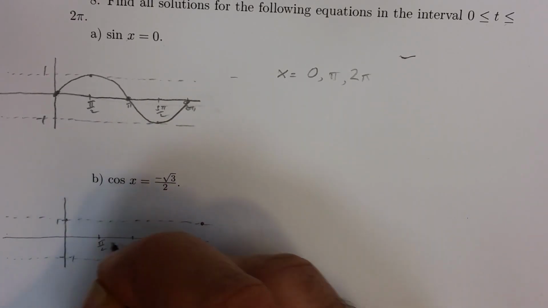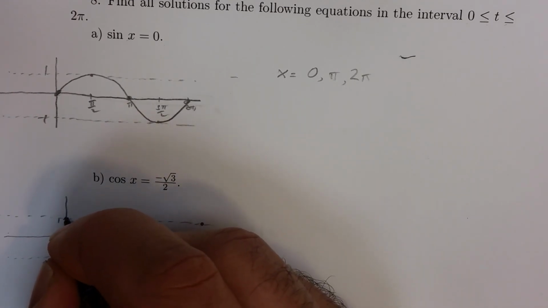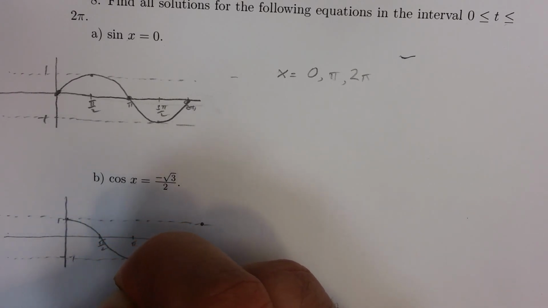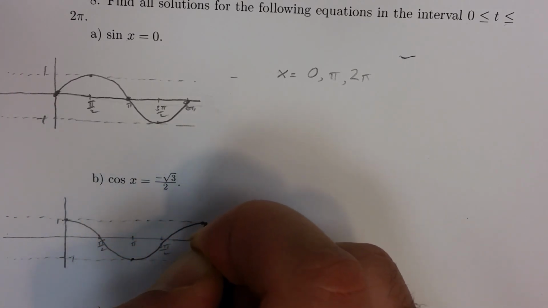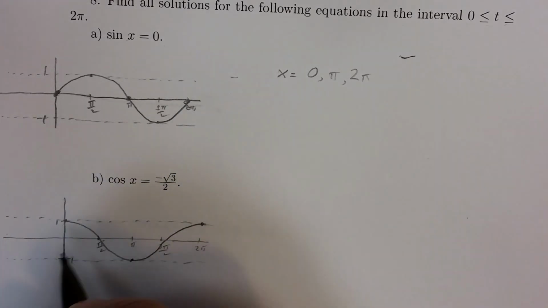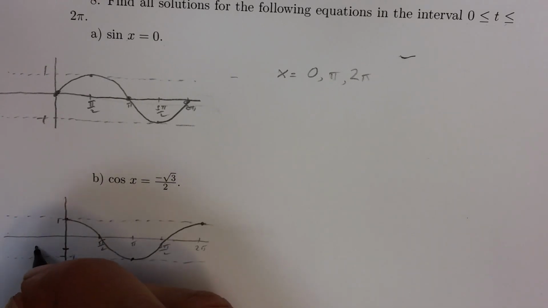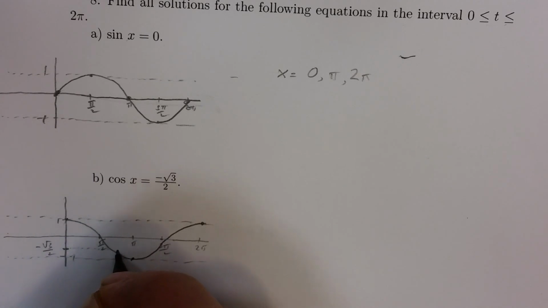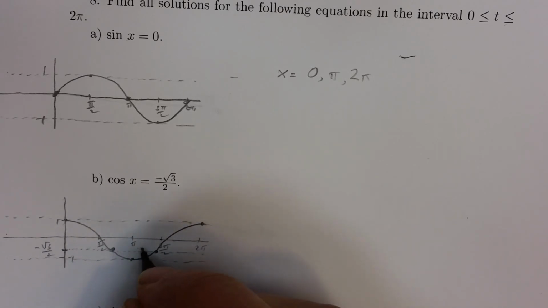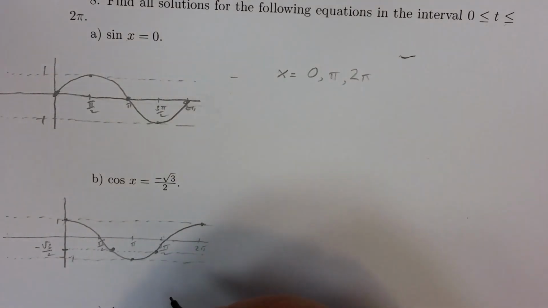It's at the bottom here, crosses the axes here. So this curve looks like that. And we can see that there are going to be two answers. Minus √3 over 2 is about there. So we're going to have a solution somewhere between pi over 2 and pi, and another solution somewhere between pi and 3 pi over 2.